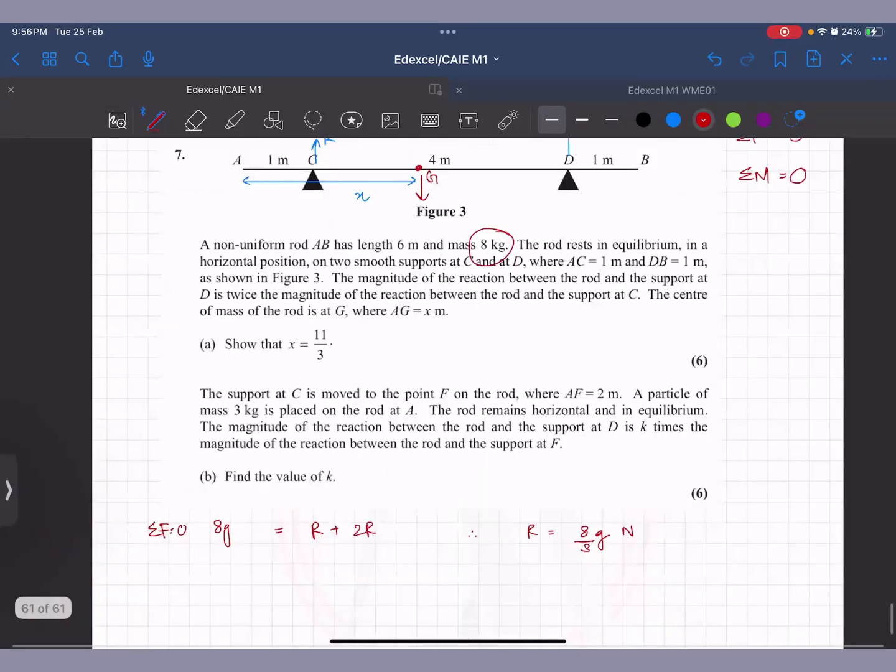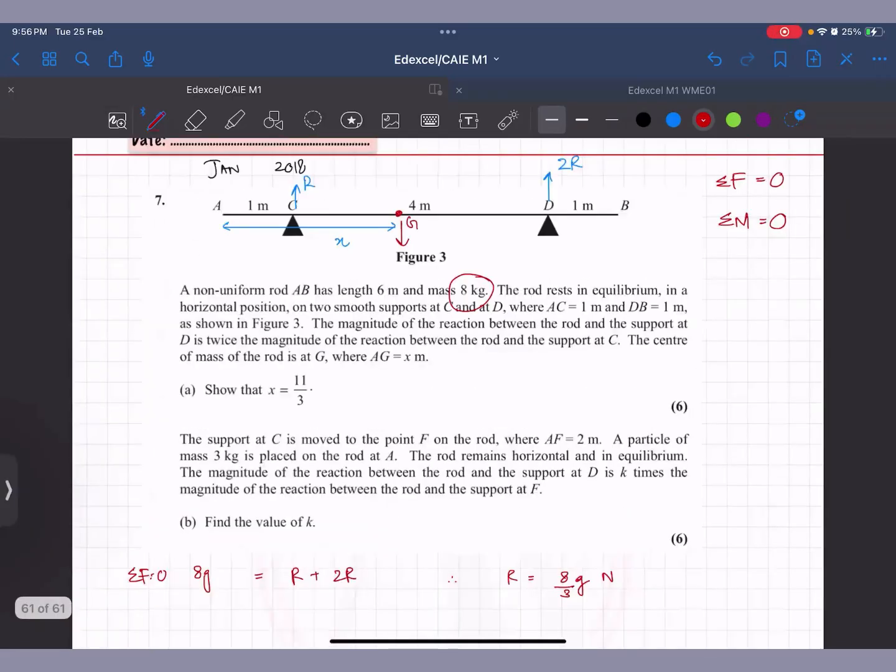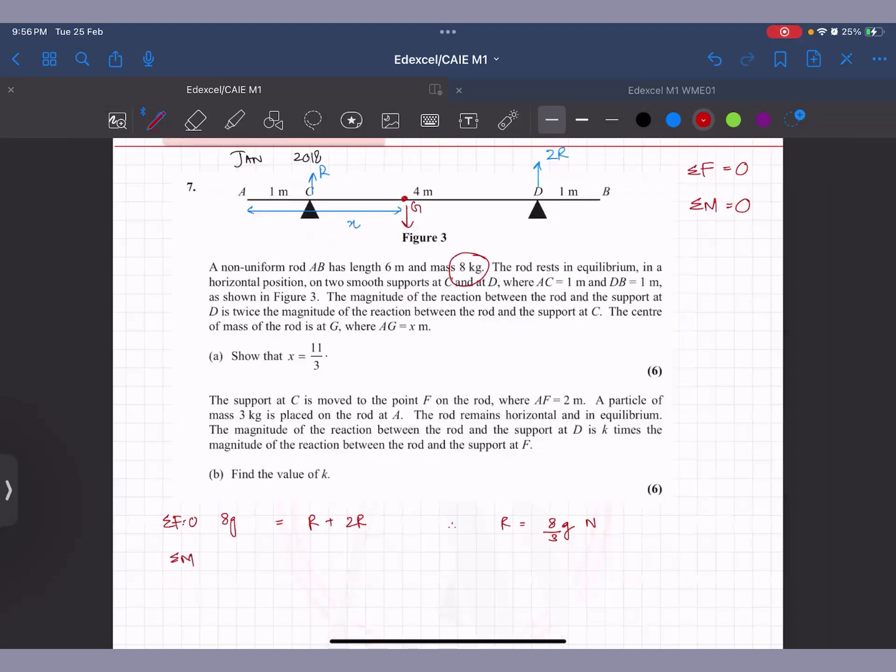Yeah, it's fine. Now you would do the moments around any point. Let's suppose you take the moment around A as 0. So you analyze the direction the force would turn it, clockwise or anti-clockwise. These two normal forces are turning it in the anti-clockwise direction.